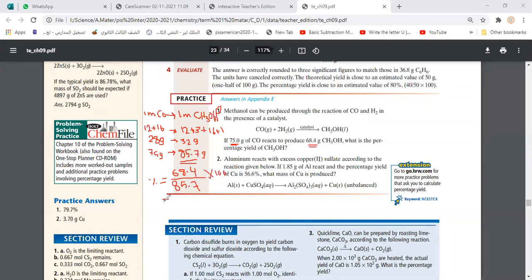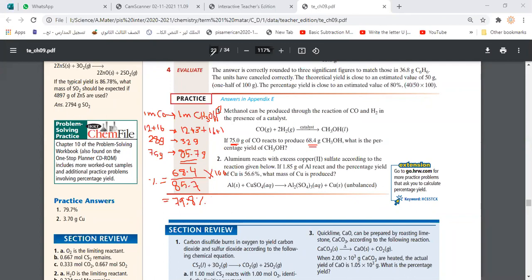So it equals 79.8%. That means you actually get 79.8% of your expectations. You get the idea? Is it clear like this, Tadros?